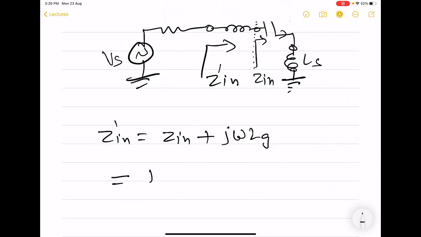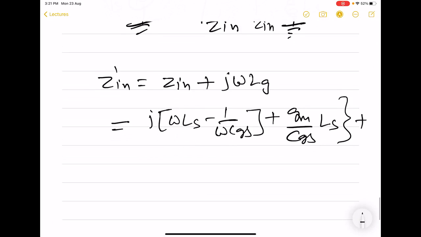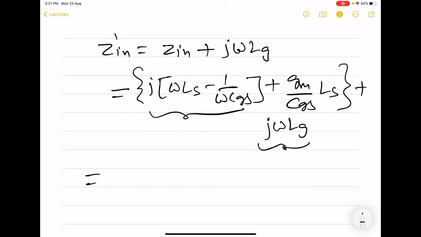So here we had already found omega L_S minus 1 by omega C_GS plus g_m by C_GS L_S. Now we have j omega L_G, the new term. So here we see that we have three imaginary terms, these two, the older ones, and this new one. So they can be combined.